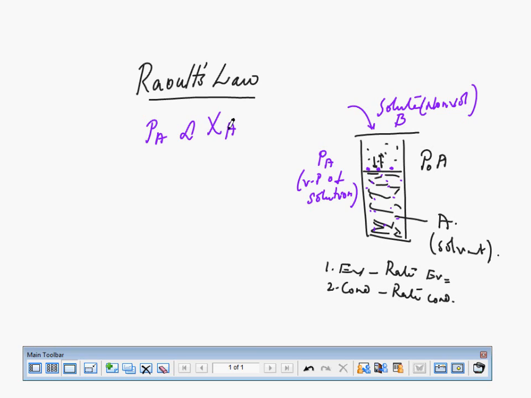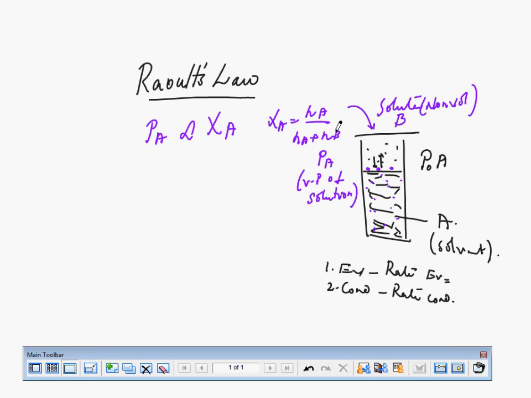When more solute is added, will the mole fraction of solvent come down? Mole fraction of solvent XA is equal to number of moles of solvent divided by number of moles of solvent plus number of moles of solute.